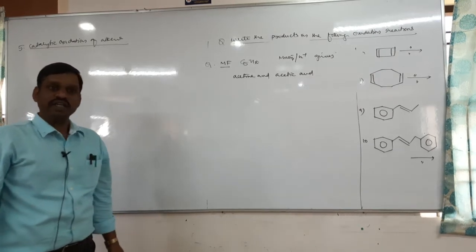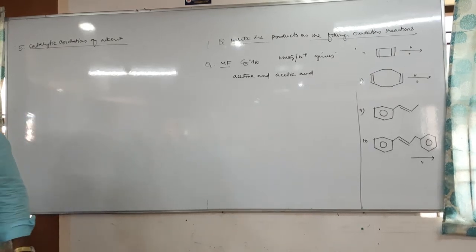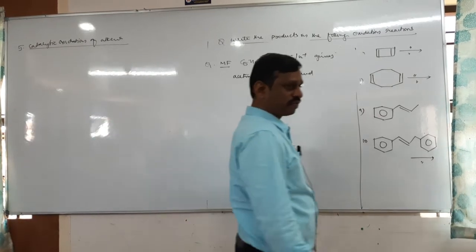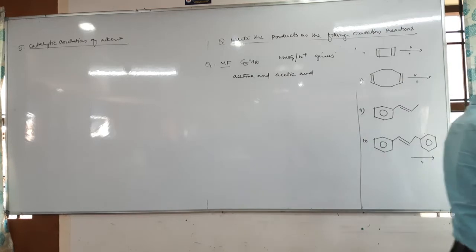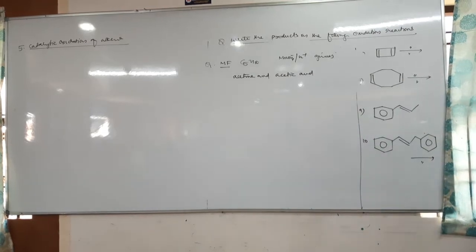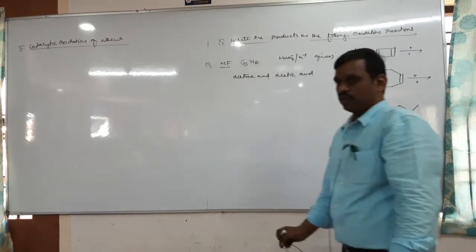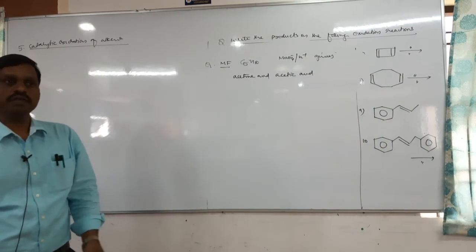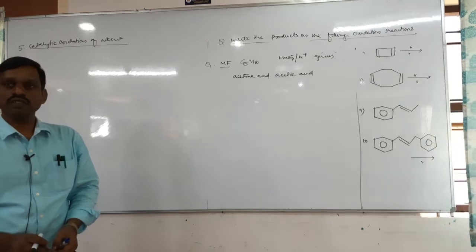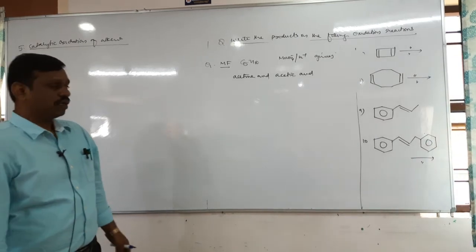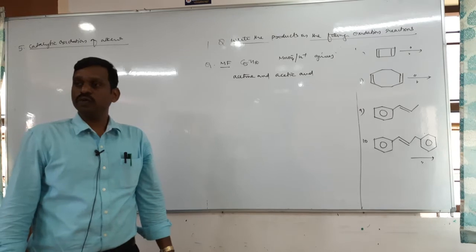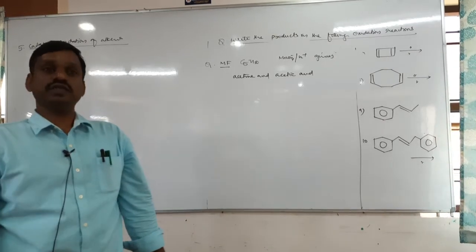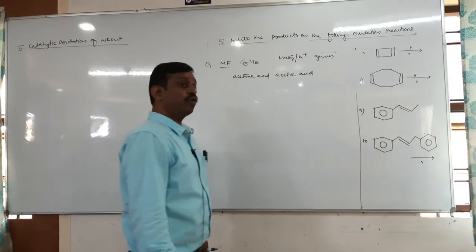Acetone and acetic acid give the IUPAC name of alkene. Or what is the IUPAC name of alkene? Anybody? What is the IUPAC name of alkene? 2-methyl butadiene, right answer. So 2-methyl butadiene.